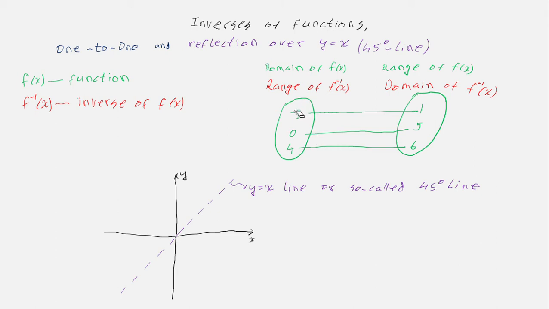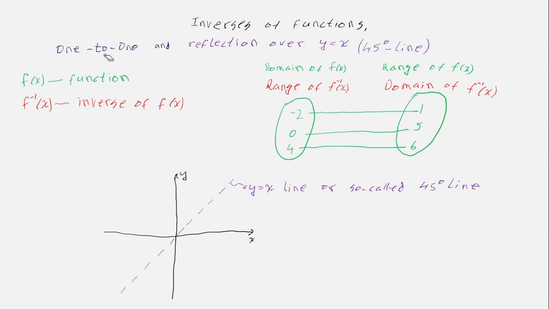So now, this is obviously a function. If this is the domain and this is the range, then this is the function f of x, right? Now if we check from here, with this as the domain and this as the range, we can also say that each of these corresponds to only one of these right here. So the inverse in this case is also a function, right? In cases like this, when we have a function and the inverse of it is also a function, we call this one-to-one.